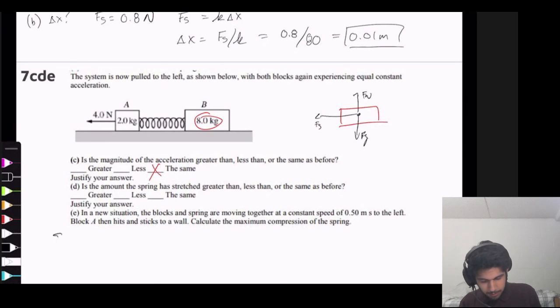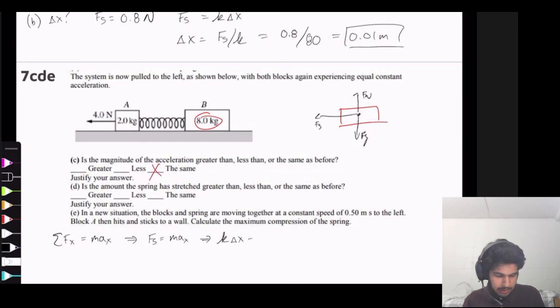And if we sum the forces in the x direction, that's equal to m times the acceleration in the x direction, which tells us F sub s is equal to max. F sub s we said is k delta x. That's equal to max. And we're trying to solve for delta x. So delta x is equal to max over k.